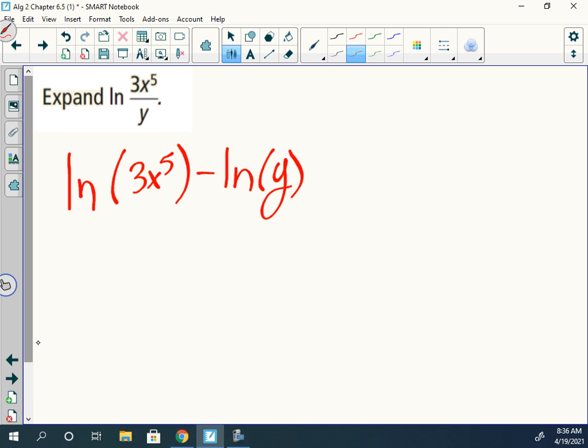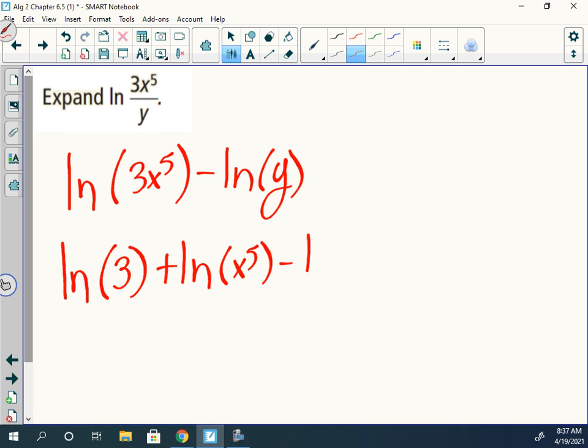What would be next? We would split up the multiplication with our 3x to the 5th, which would give us the natural log of 3, plus the natural log of x to the 5th, minus the natural log of y.